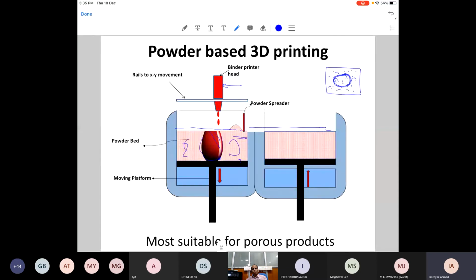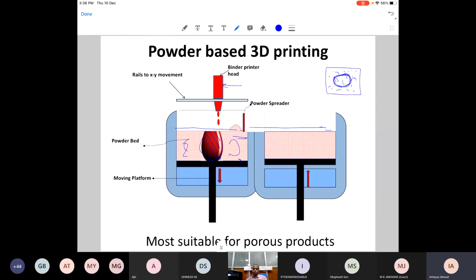This is your product. Now, this has got a binder in it and some aids. Generally, it does not have a plasticizer. So it contains binder and some other aids, powder flow aids or whatever, which make the powder spread well.